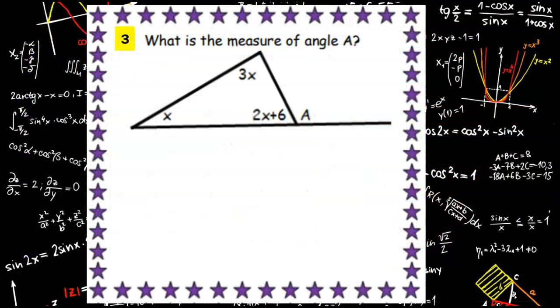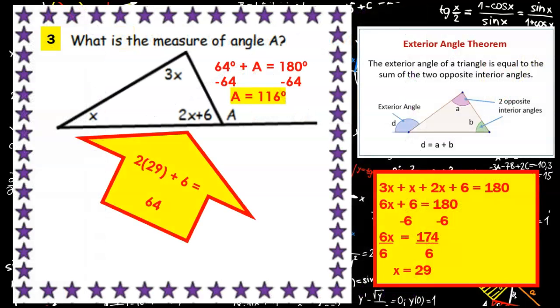Question number 3. What is the measure of angle A? All right, so this is our exterior angle theorem. So we know that A plus whatever the 2x plus 6 is has to be 180 degrees. Okay, so I first solved for x.